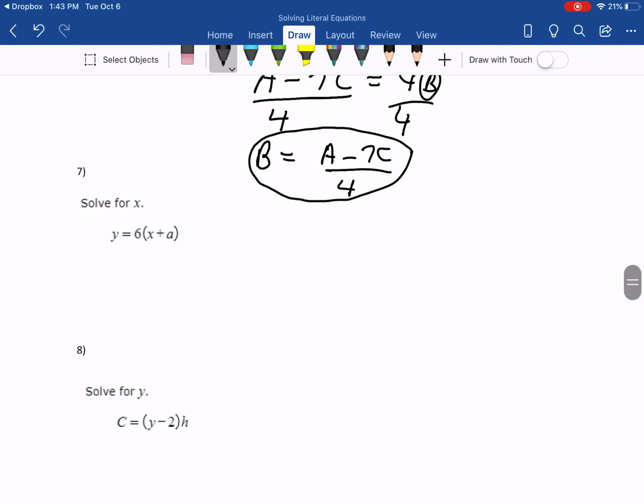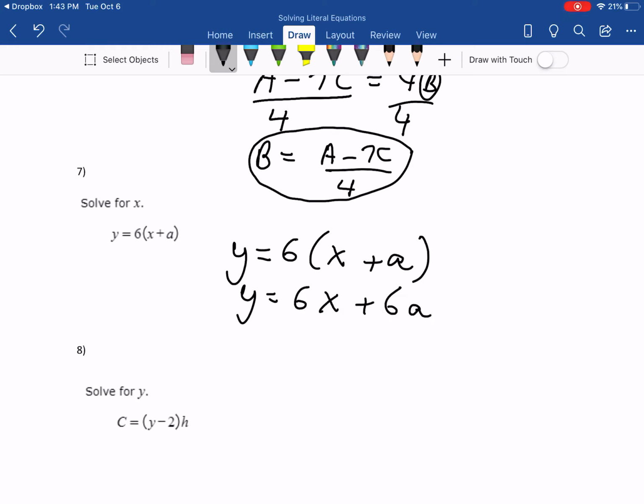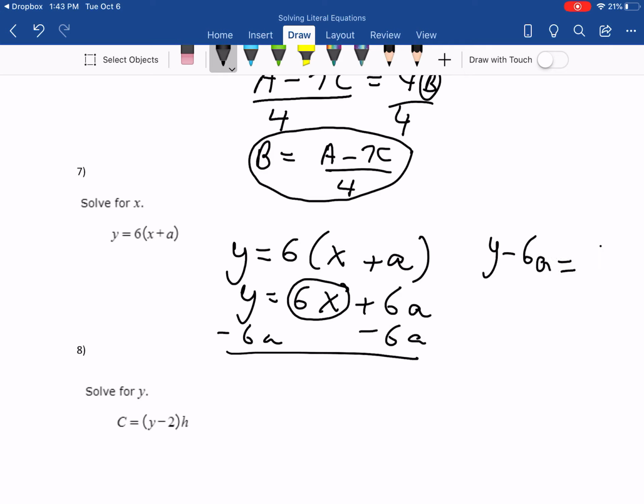All right, number 7, y equals 6 times x plus a. Okay, so before we can do anything here, we can get rid of the parentheses, of course, by distributing. So y equals 6x plus 6a. Okay, I want to solve for x, so first I'm going to solve for the 6x term. Subtract 6a from both sides. Y minus 6a equals 6x.